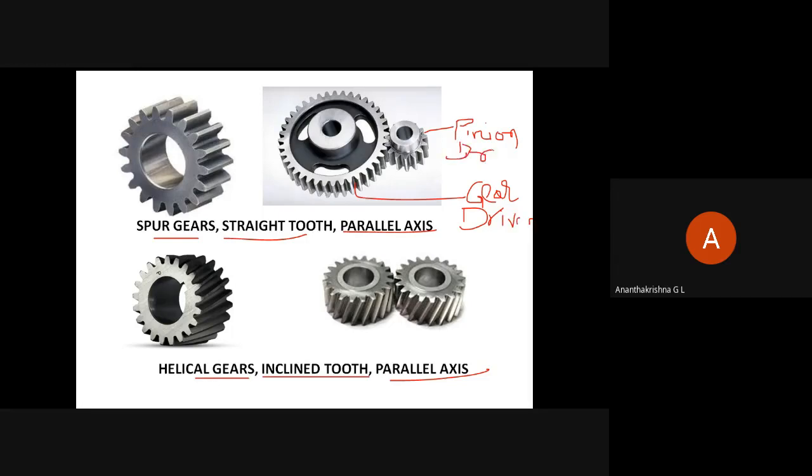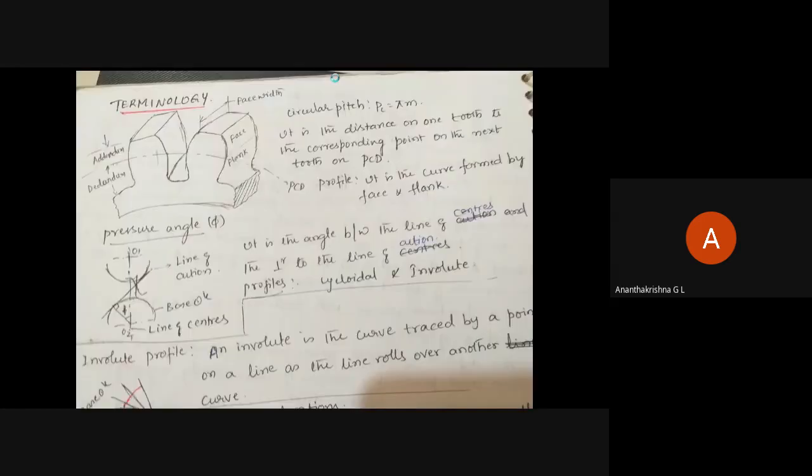What will happen is, normally the output that we obtain from prime movers like IC engines or motors, the speed will be larger, but for the applications a lesser speed is required. So therefore normally we will have a gear, that is the driven member, as a bigger gear, so that the velocity from the pinion gets reduced.